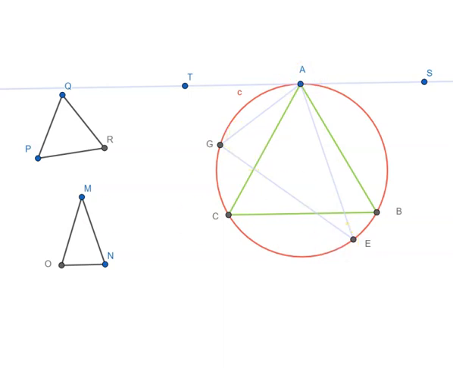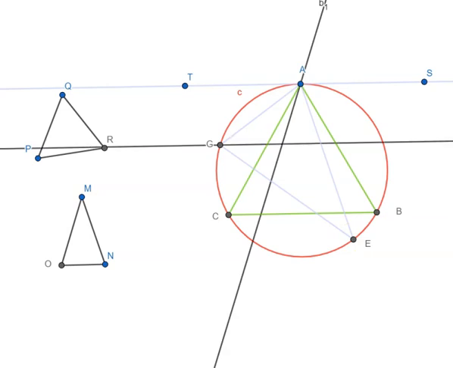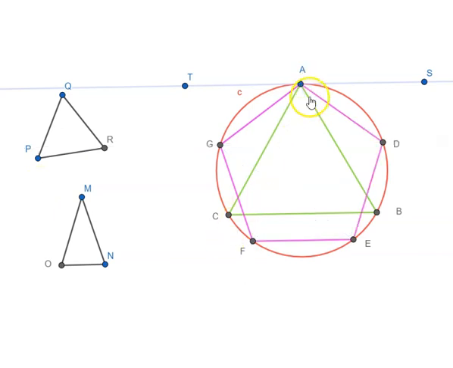So let's bisect them and take the intersection with the circle of these rays. And now let's join these points. So now we have got the pentagon. So we have the equilateral triangle and we have the pentagon.